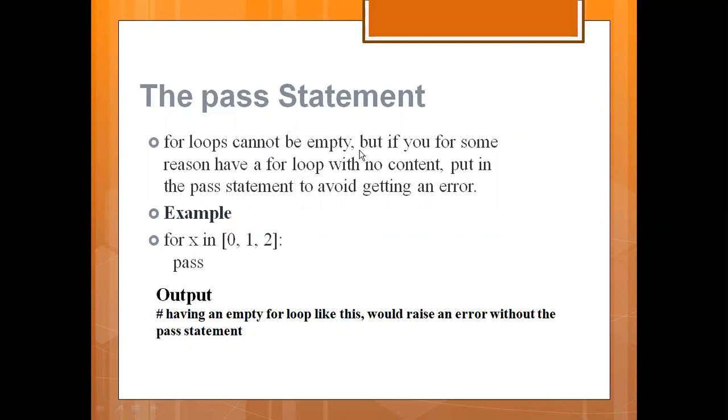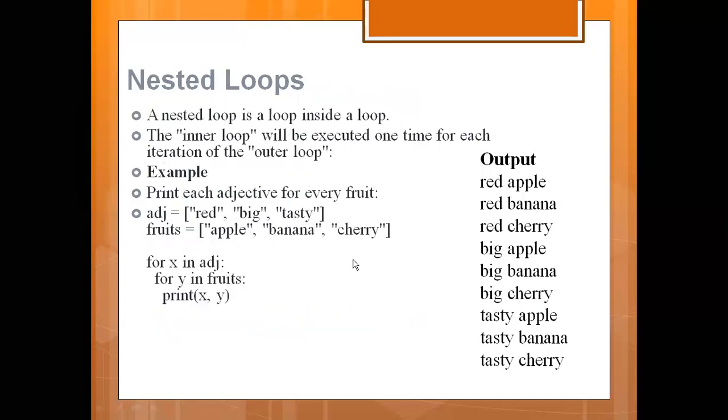For loops cannot be empty, but if your for loop for some reason has no content, put in the pass statement to avoid getting an error. Having an empty for loop like this would raise an error without the pass statement. So the pass statement will take the execution further. It is not going to hamper your execution of the code.